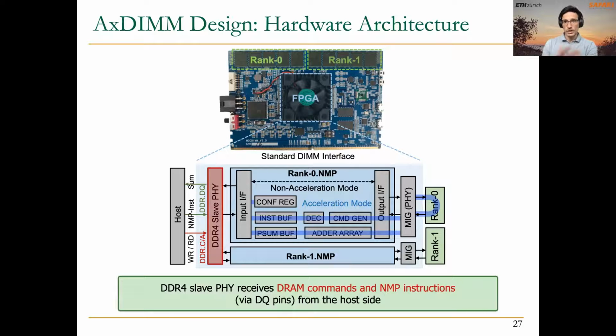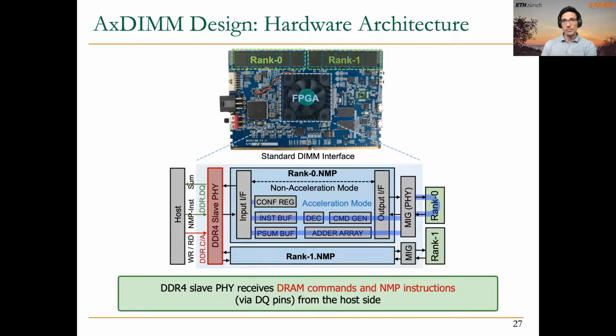So first of all, the DIMM and the near memory processing units are connected to the host processor via the DDR4 interface. Through this DDR4 interface, the DIMM receives DRAM commands whenever it is needed to access the memory arrays in rank 0 and rank 1, and the DIMM is also going to receive the near memory processing instructions that will be executed by the near memory processing units.